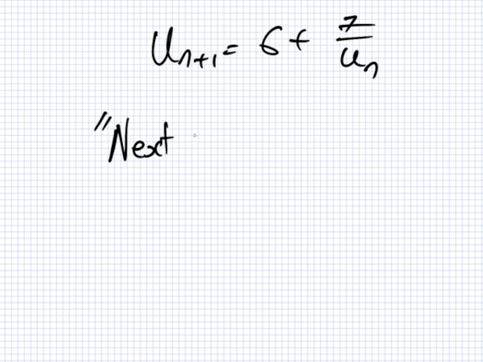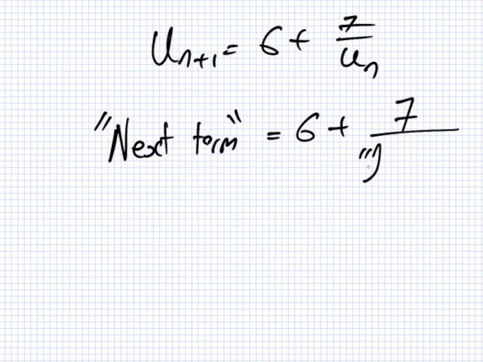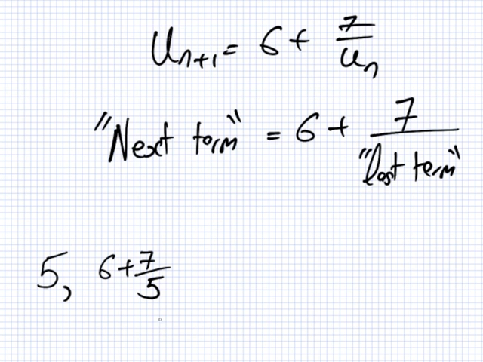The next term is equal to 6 plus 7 over the last term. So for example, if I start at 5, the next term will be 6 plus 7 over 5.